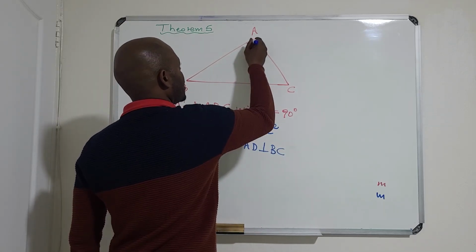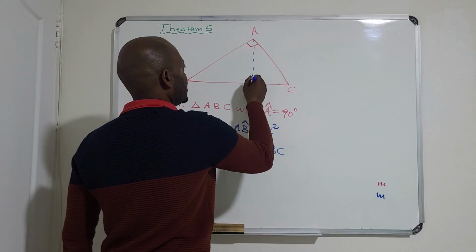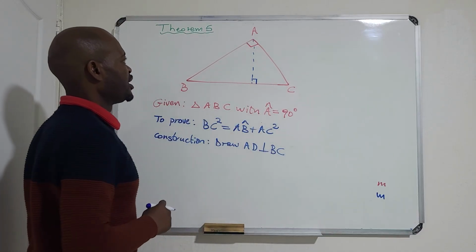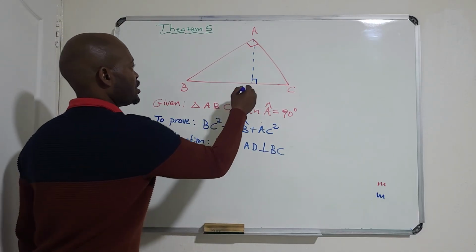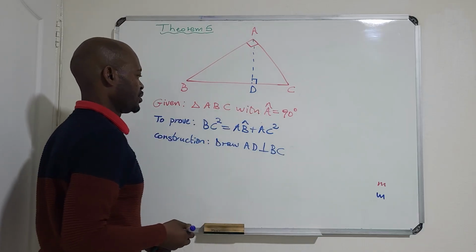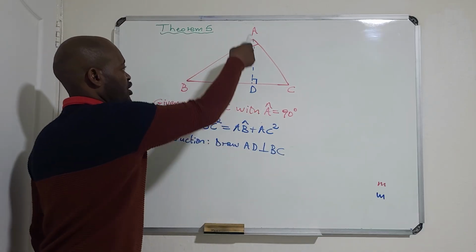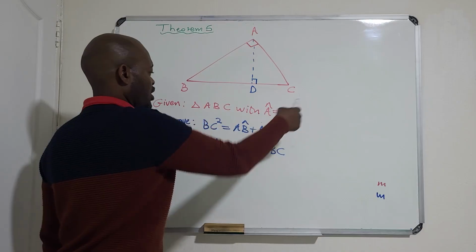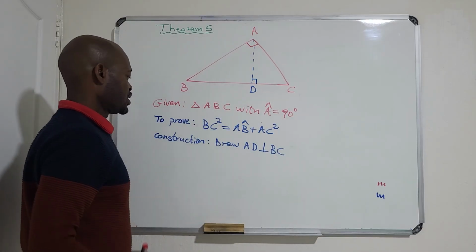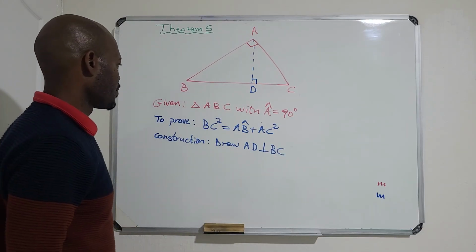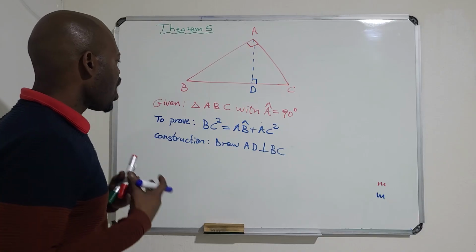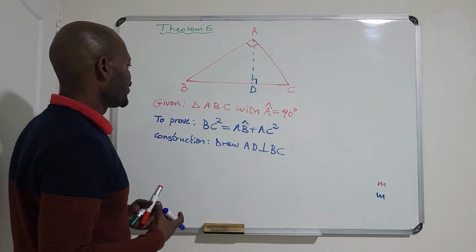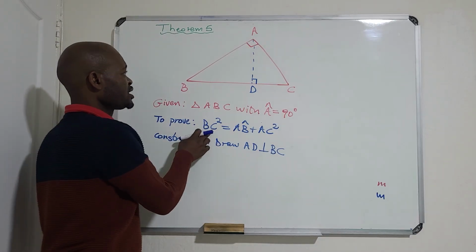Therefore, there is AD perpendicular to BC. There's your D there. I've just drawn AD perpendicular to BC. That's our construction.